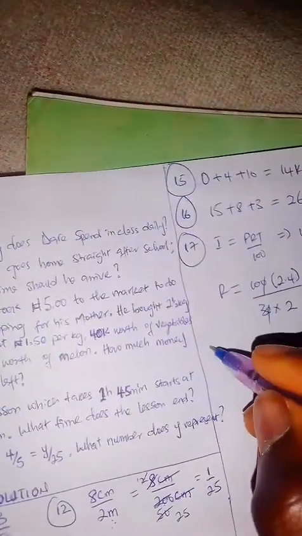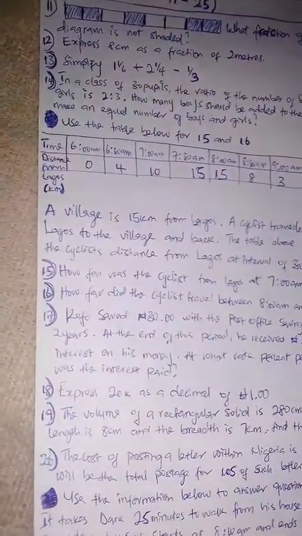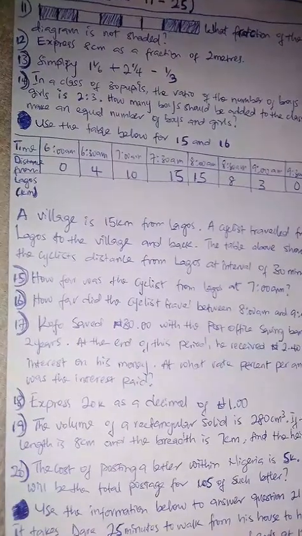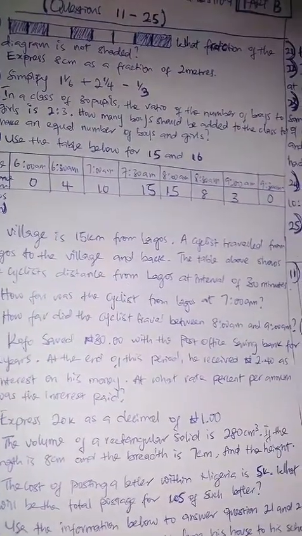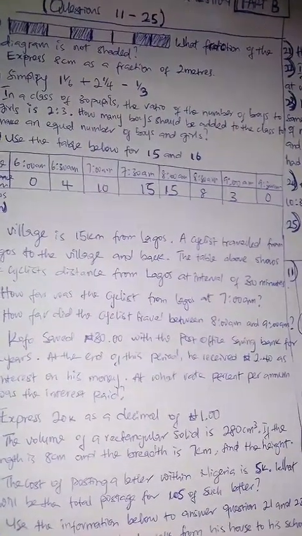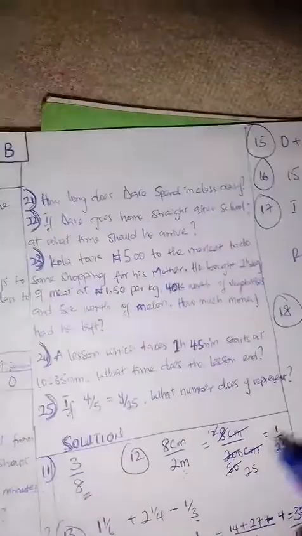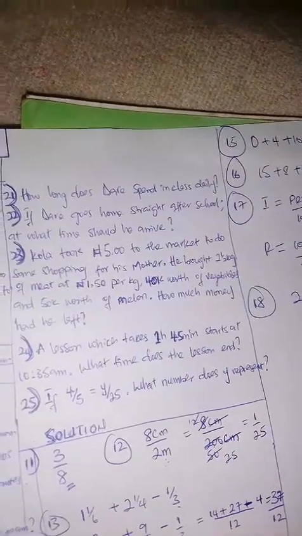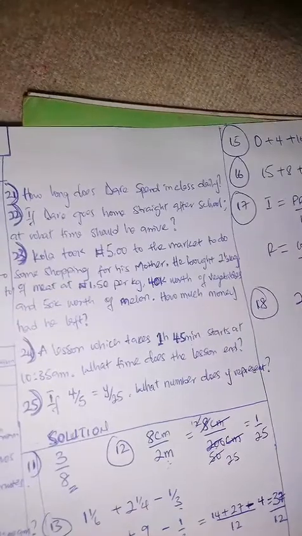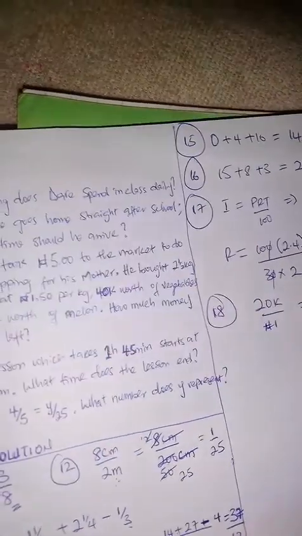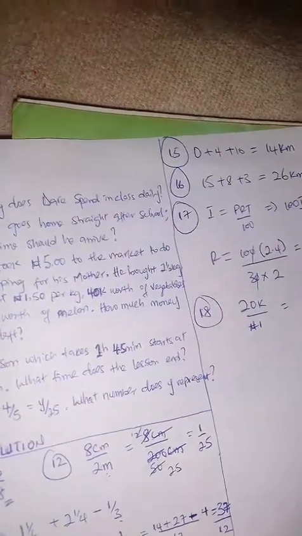Now number 18. 18 question says express 20 kobo as a decimal of 1.00 naira. 20 kobo as a decimal, that is 20 kobo over 1 naira. Now remember, 1 naira equals 100 kobo.